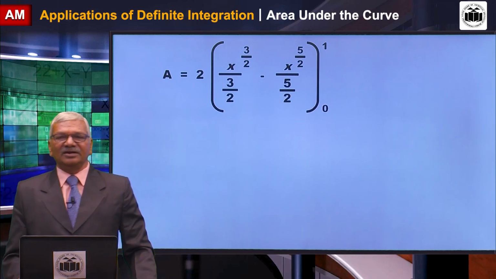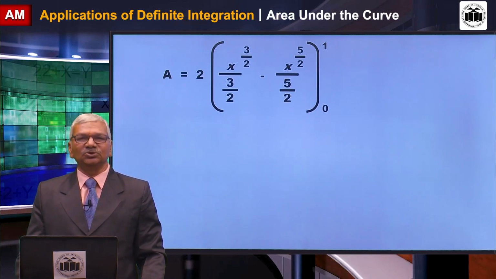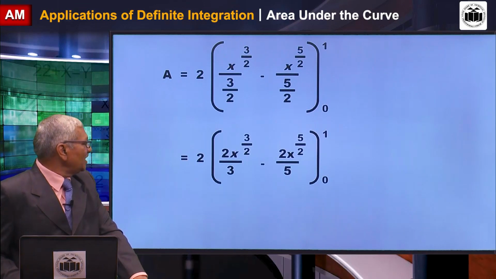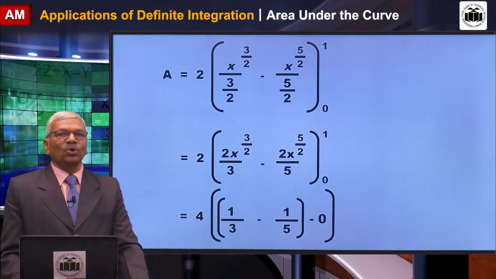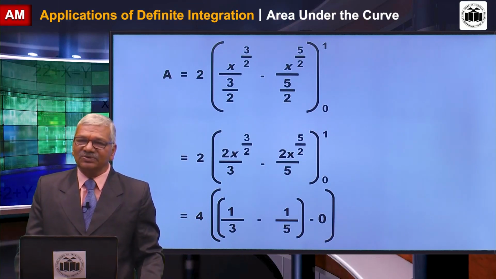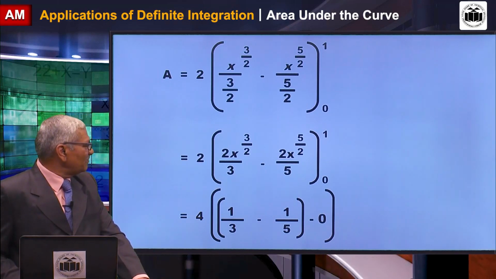Denominators 3 by 2 and 5 by 2 give 2 by 3 and 2 by 5. You can take 2 common, and 2 times 2 is 4 common outside the bracket, and we will get 4 into bracket. Putting x equals to 1, 1 raised to any number is always 1, right? So we get 1 by 3 minus 1 by 5.